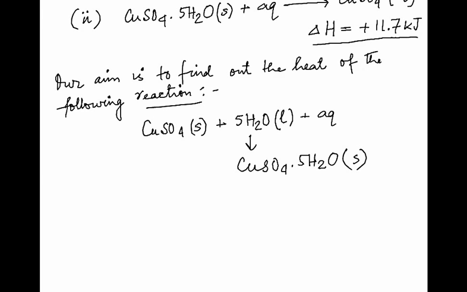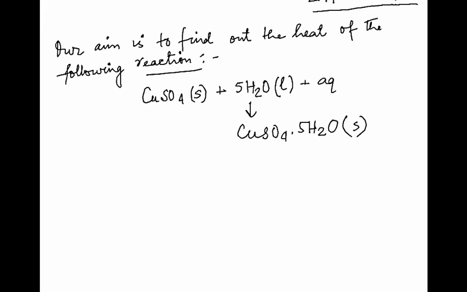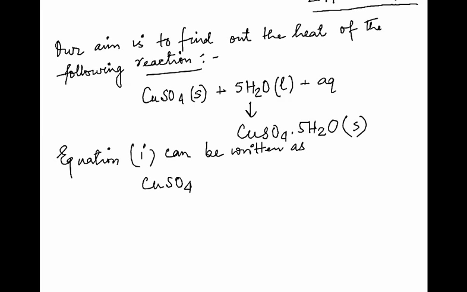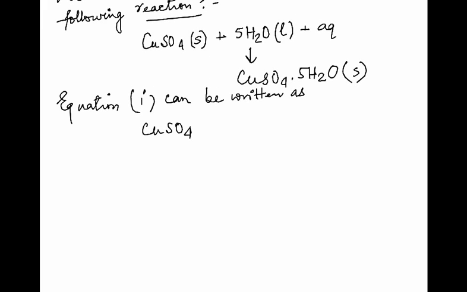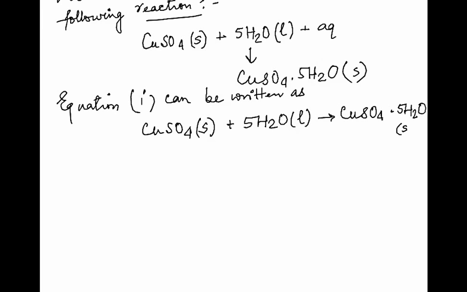Now the equation number 1 that is written above can be written as follows: copper sulfate solid plus 5H2O liquid, giving us copper sulfate 5H2O solid.